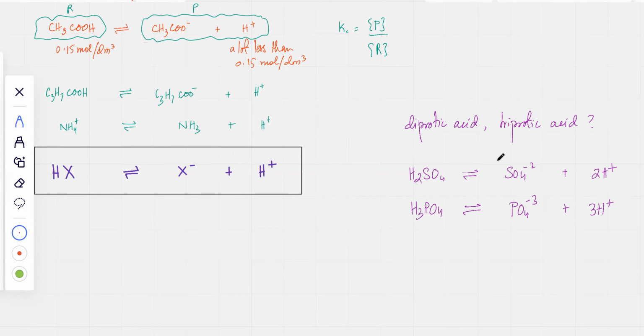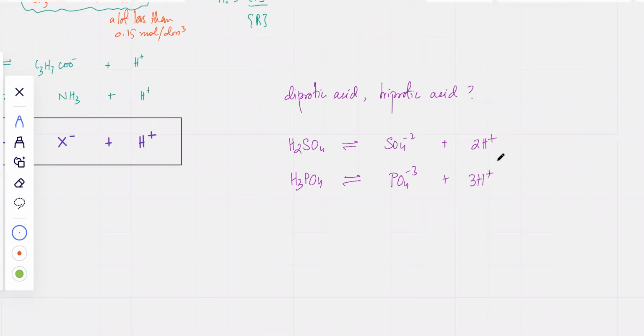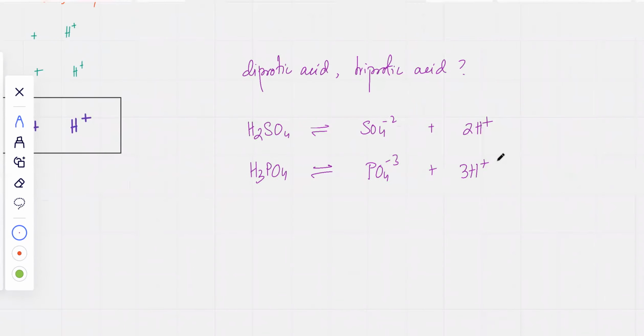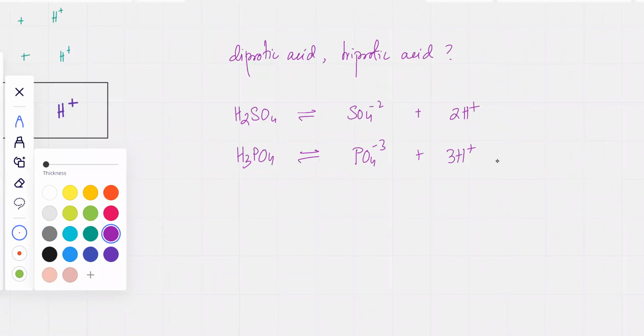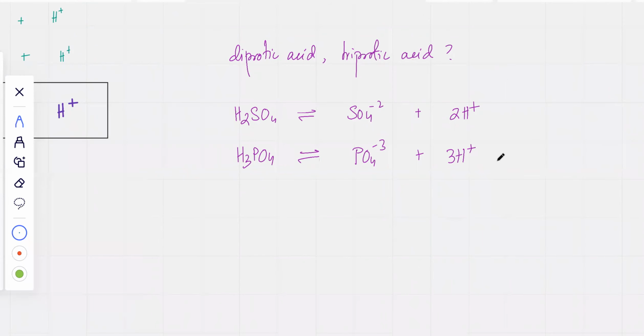So whenever you're dealing with diprotic or triprotic acids, remember this: they also release 1 H+ at a time. Like you have SO4 2-, which comes from H2SO4, sorry. So this is your H2SO4 molecule.